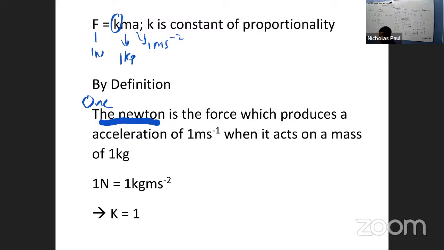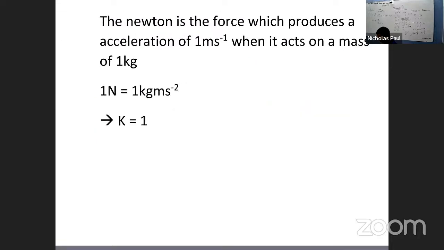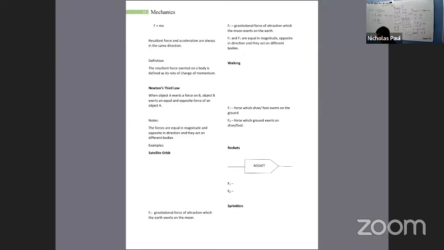So if you plug in F is 1, m is 1, a is 1, you'll get k is 1. So the formula tends to F is equal to ma. That's okay? We'll come back to the momentum thing now.